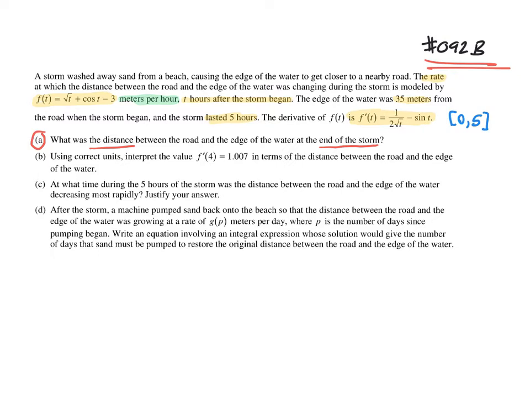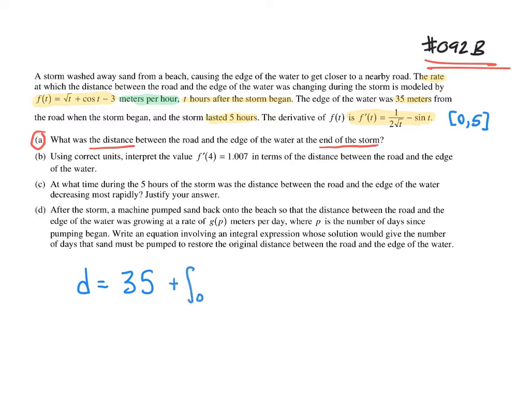So for us, let's call this D. D is going to be, what do we start with? It started out 35 meters away. So that's our initial condition. We have to make sure we incorporate that into our equation. And then we're accumulating change over the course of 5 hours. So we have to build an accumulation expression.